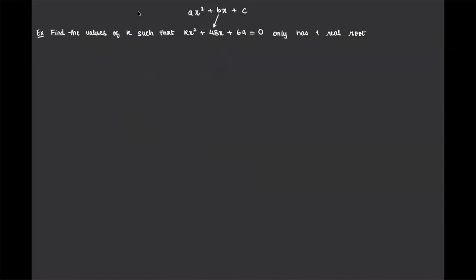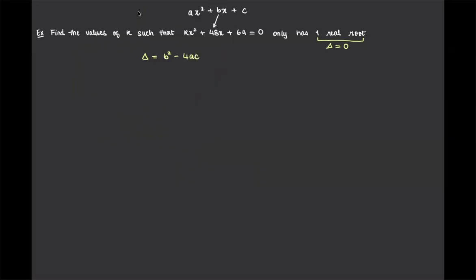Okay, so the last part of this question about the 1 real root tells me that I need to consider the case when the discriminant is equal to 0. Okay, so let's see, what is the discriminant? The discriminant equals b squared minus 4ac.